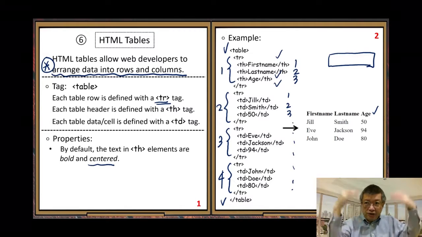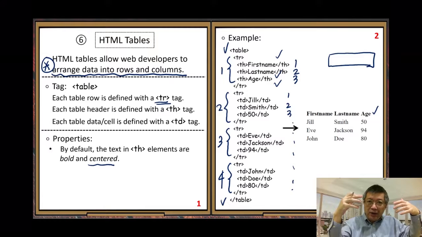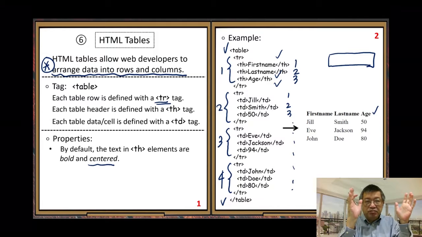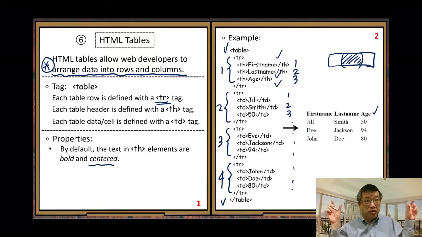The browser knows how to allocate the space to each element. Then, when you put in table header text, by default it is centered, but you can change that later if you don't like it. Table header is centered if you have more space.